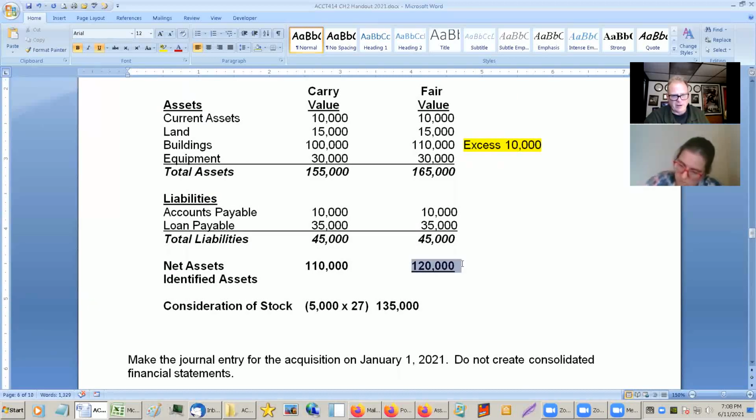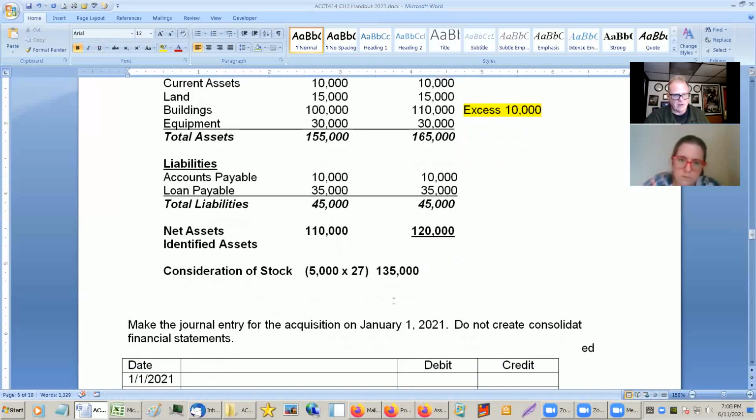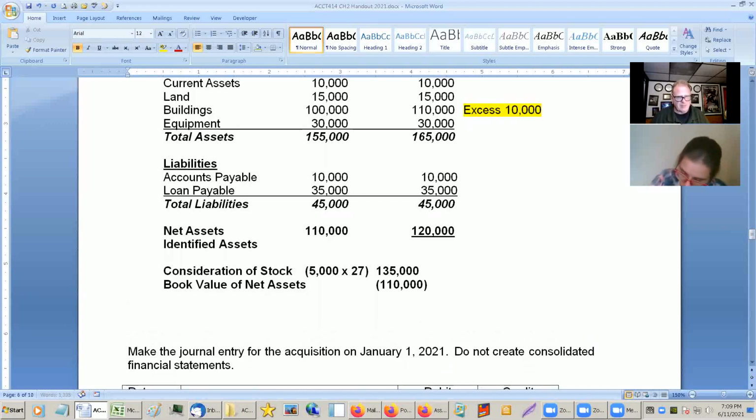If it were me, I would just compare it to the 120. But you could also, the way they usually show it, so fair value of net assets is 110. The nice thing about putting the excess in though is you've got to pull it out anyways if you're going to do the amortization.